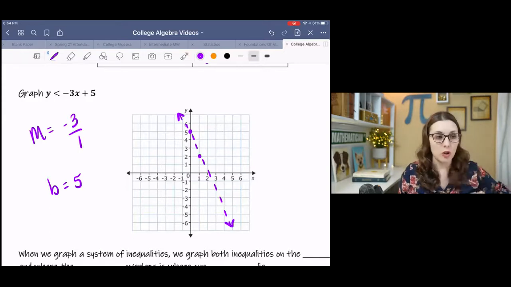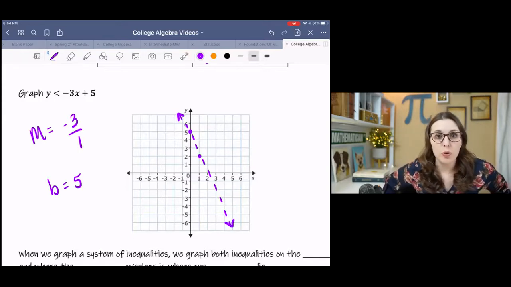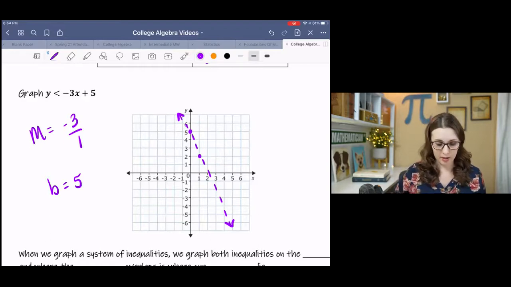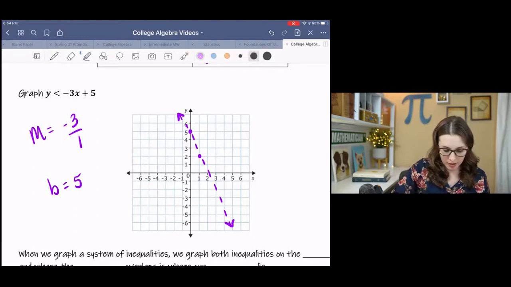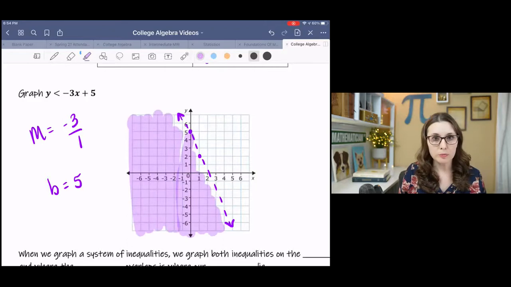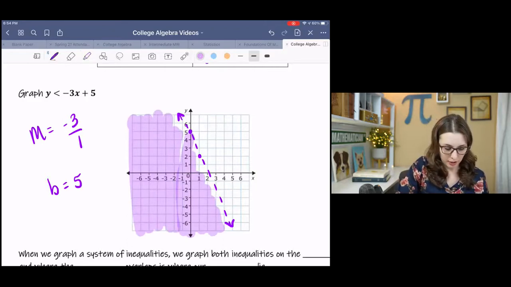And then we need to do our shading. So this is where your matte pencils or your highlighters will come in handy. We are shading the y values less than this line, so the y values below the line. And that is going to be all down here. And if you have just a pencil, you can do lines, like that.